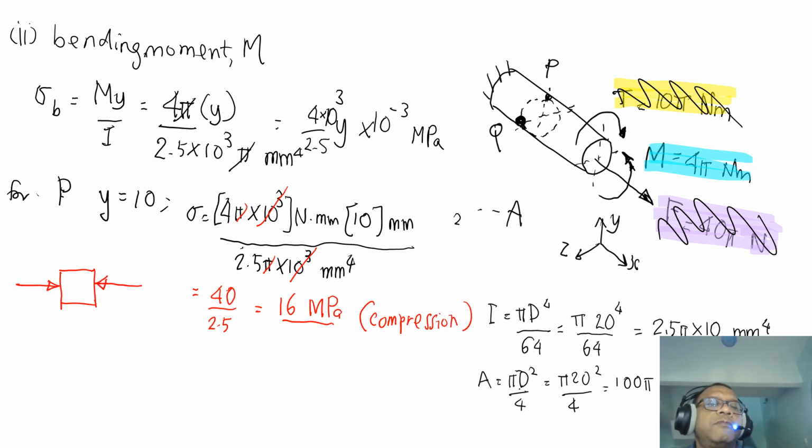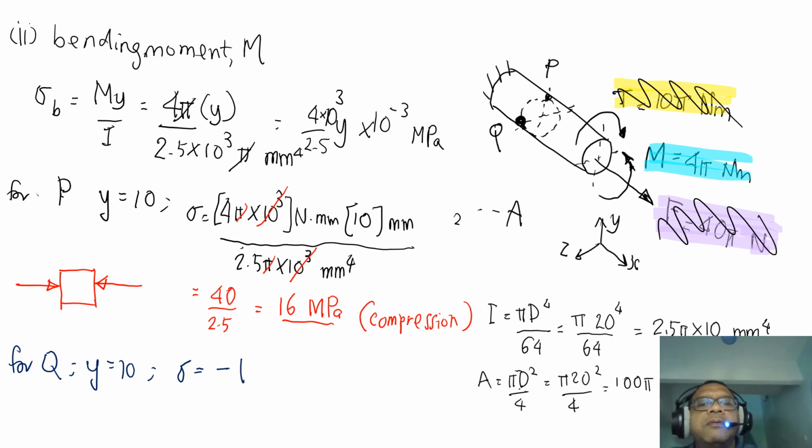This is for P. And for Q, similarly y equals to 10. You can repeat the calculation, but it is also 16 megapascal, but I've made a lot of mistakes here. Here y equals to 0.